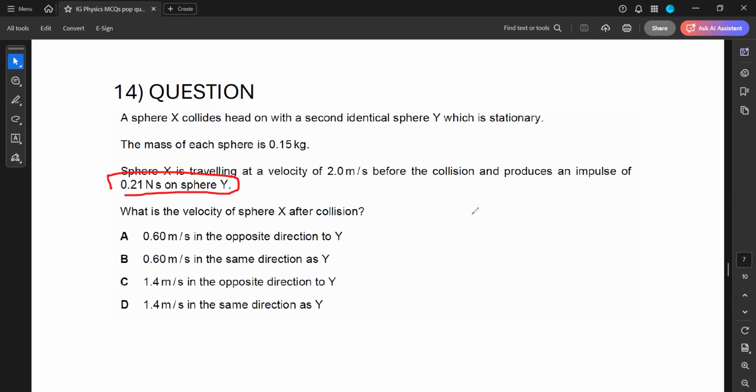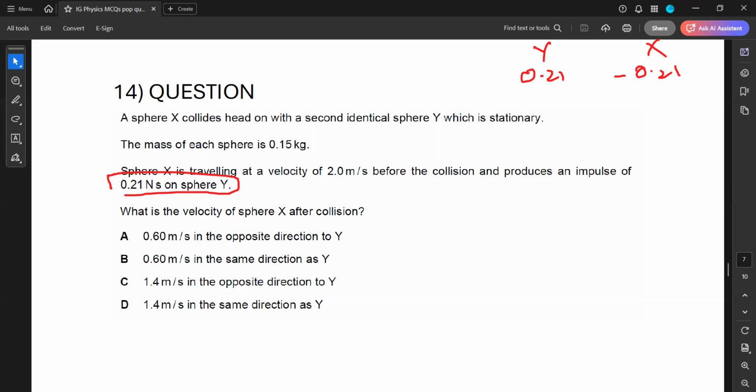What will be the impulse of X? If one impulse is 0.21, the other will be minus 0.21. So the impulse of X will be negative 0.21.